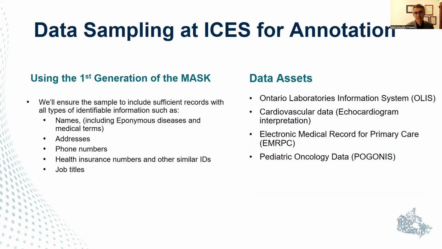Among the data assets that we identified at ICS as most suitable and critical to be masked are OLIS, the Ontario Laboratory Information System, and cardiovascular data, specifically from echocardiogram interpretation, where we had most of our challenges.